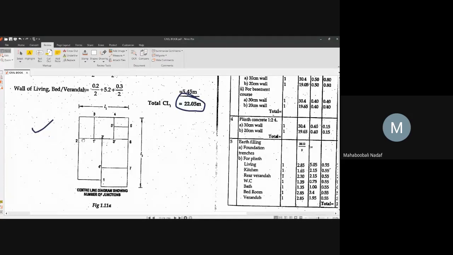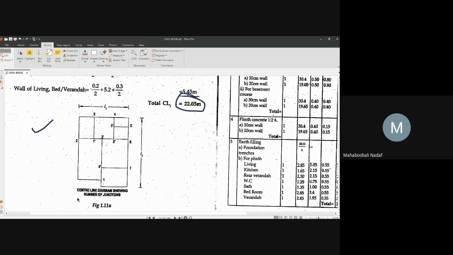These are the junctions where 20 centimeter is meeting with the 30 centimeter wall. We call it N1, number of junctions of 20 to 30, which is 7.